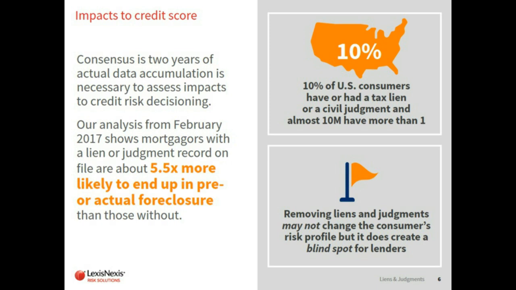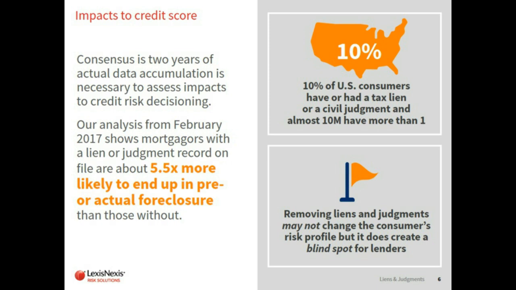So there's been some publications, there's been news articles on the subject, and ultimately, when you look at the analysis that FICO and VantageScore did back in 2016 and 2017 on this topic, and has been validated by some more recent analysis, including that from the New York Federal Reserve and the BCFP, the formerly known as the Consumer Finance Protection Bureau, the expectation was that most consumers would only see a 10 to 20 point boost in their credit score if they had liens and judgments, as a result of that data dropping off the credit reports.